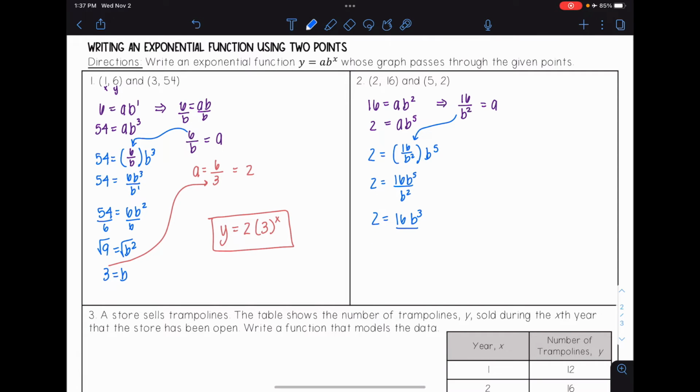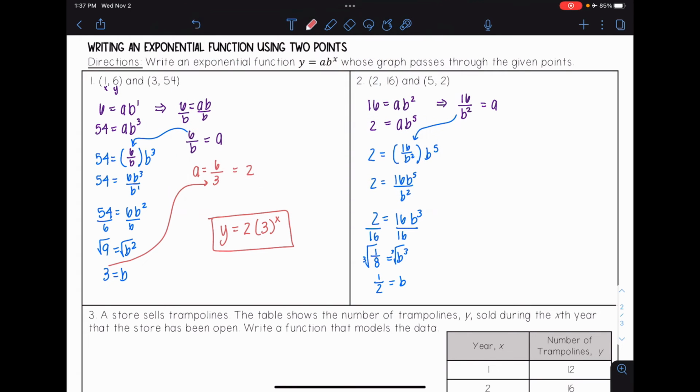Then I can divide both sides by 16. 2 divided by 16, if I simplify that fraction, I get 1 over 8. To get rid of that cube, I'm going to take the cube root of both sides. When I take the cube root of 1/8, I get 1/2 is equal to b.